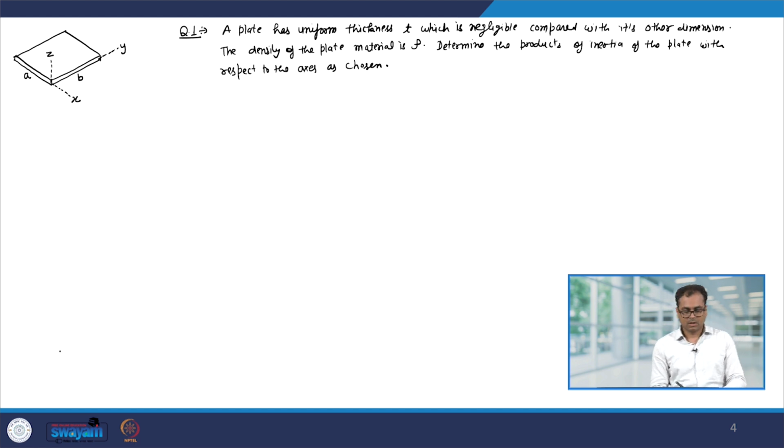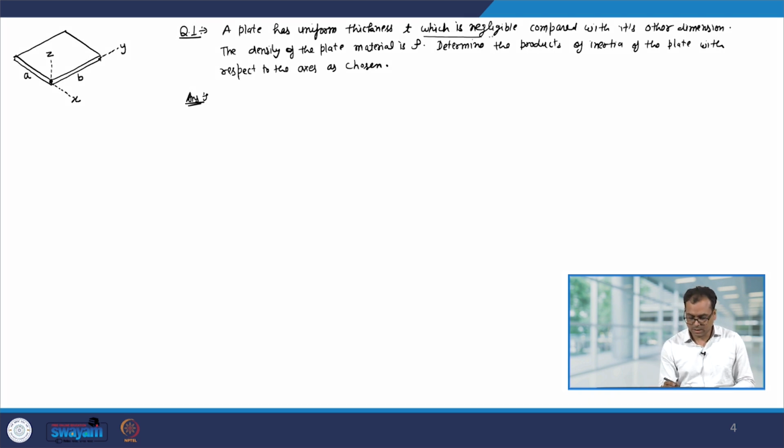Okay. So, here we have to find out the product of inertia of this plate about the x, y and z axis. So, first of all it is given that the thickness is negligible. Okay.